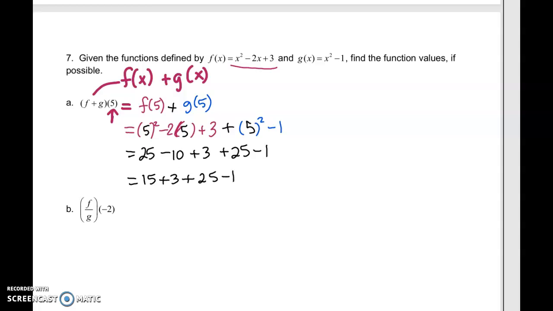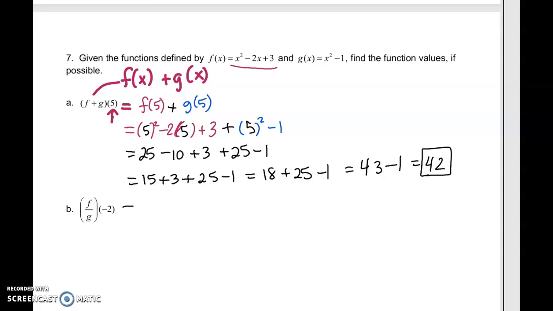Well, that would give me 18. And then I'm going to add 25 and then subtract 1. So let's say 18 plus 25. Well, that's 43, and then subtract 1, and overall I get 42. So the answer you should have got for part A is 42.